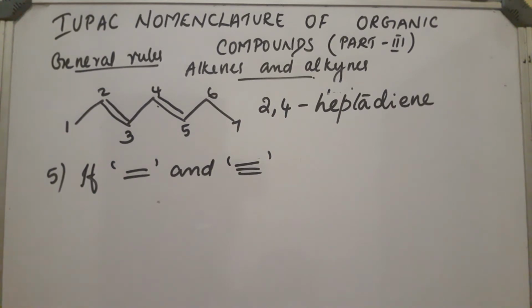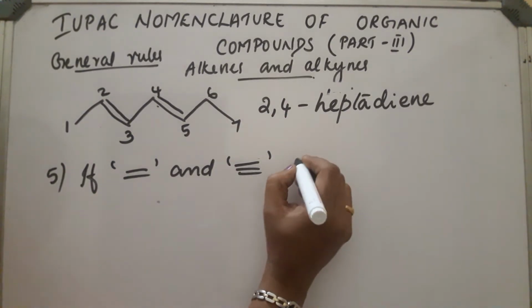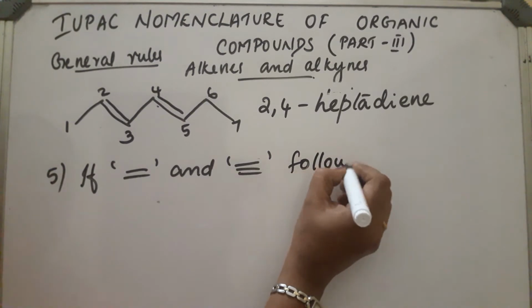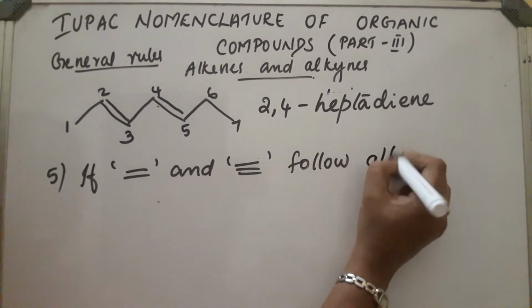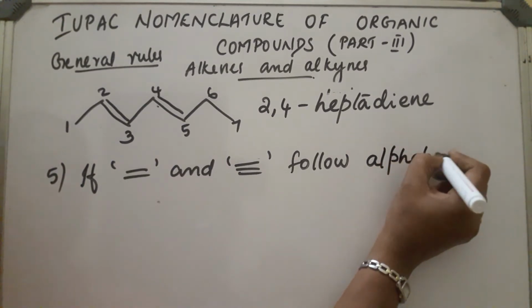According to the alphabetical order, "ene" comes first, since "ene" and "yne" will be the endings of the names. So the numbering must be done with preference to the double bond. Follow alphabetical order.